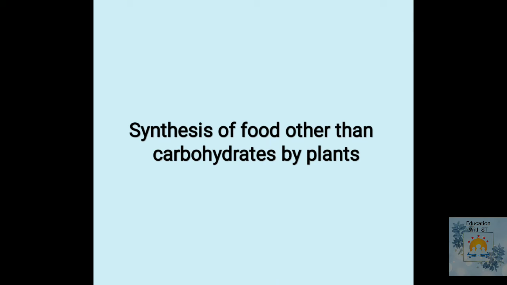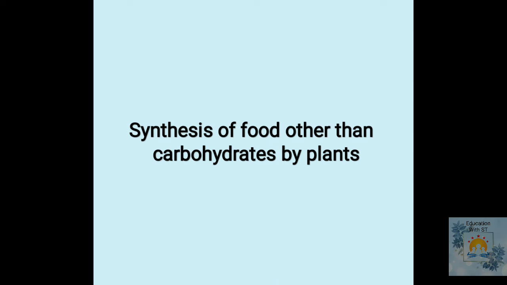Now we are going to do synthesis of food other than carbohydrates by plants. Plants synthesize glucose through photosynthesis. Glucose is the simplest carbohydrate and contains carbon, hydrogen and oxygen.